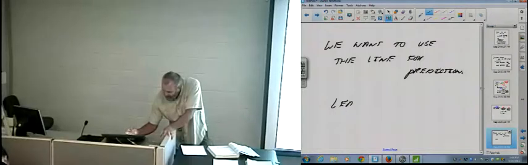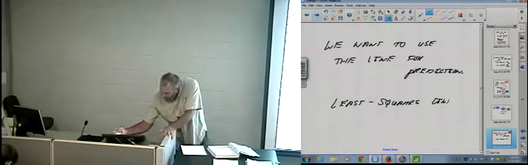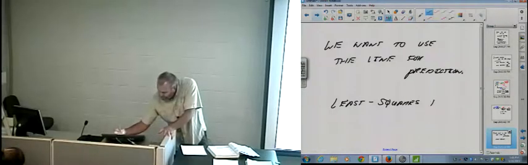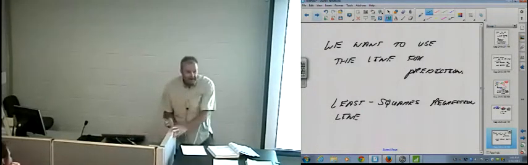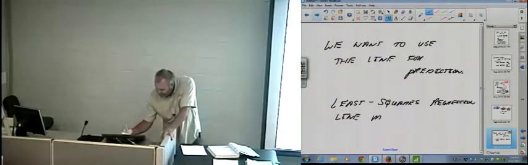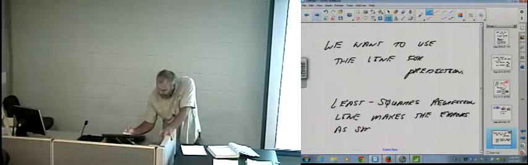That's our line in this class. It's the line we work with. It's the line we always use. And what it does is, it makes the errors as small as possible.